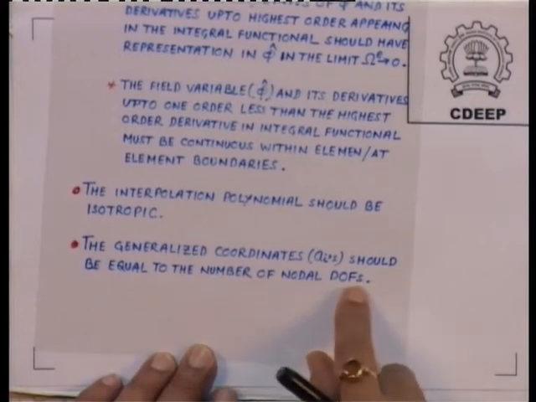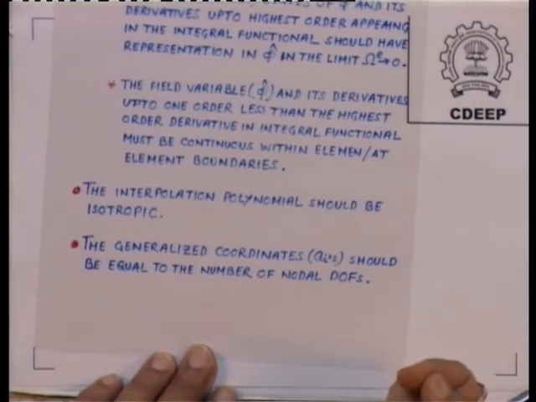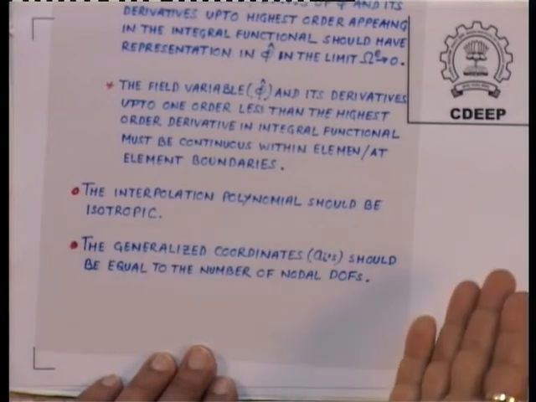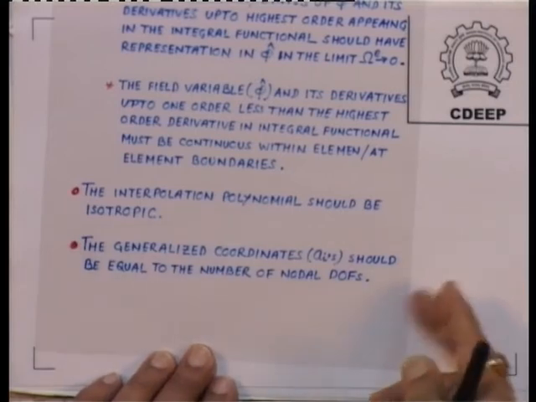Then, the generalized coefficients, that is the A, B, C coefficients, should be equal to the number of nodal degrees of freedom. By now you must have realized there is some relationship between A, B, C and the number of degrees of freedom, because you can put boundary conditions only that many.